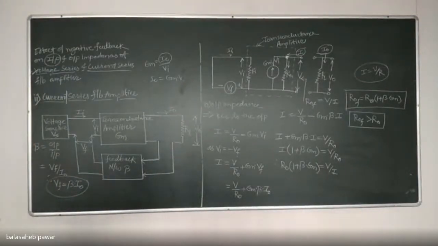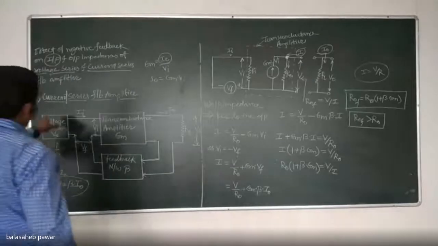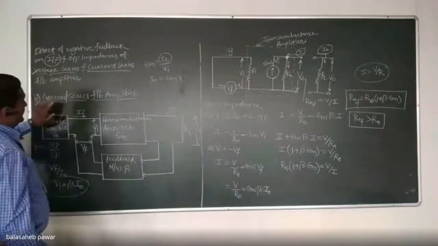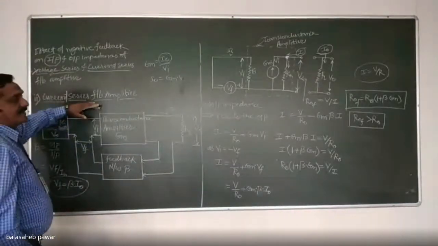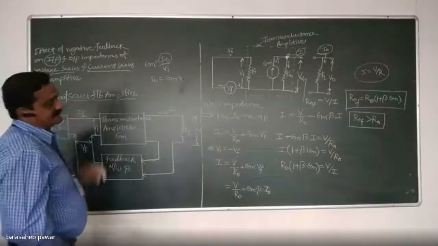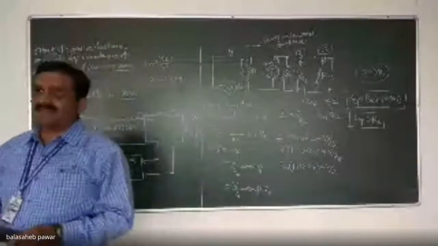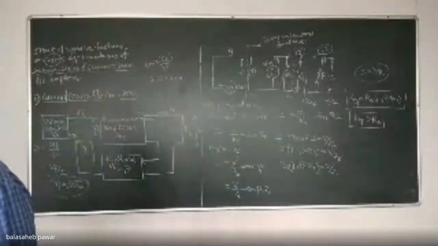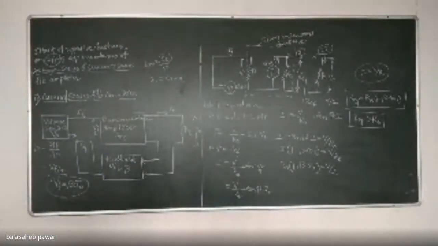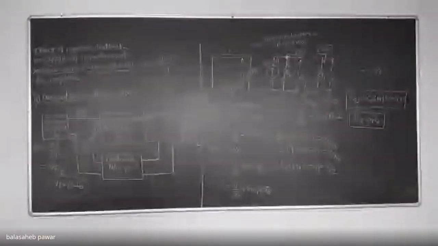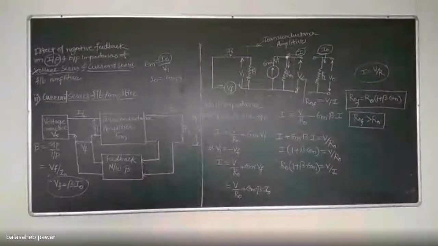At the end, after the analysis of this current series feedback amplifier, what is your conclusion? ROF is greater than RO as well as RIF is greater than RI. So for the current series feedback amplifier, both impedances get increased.